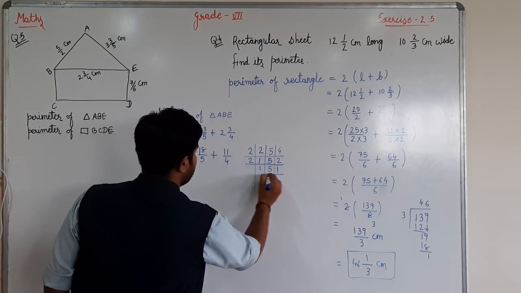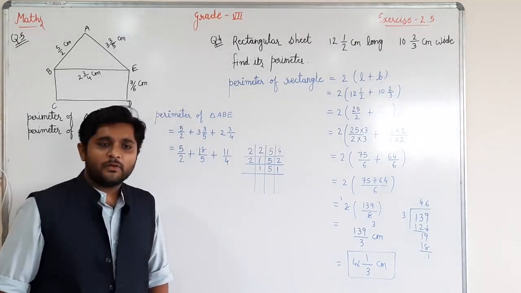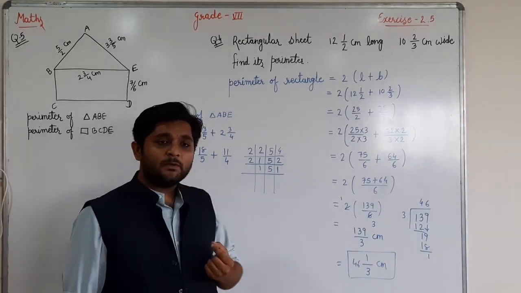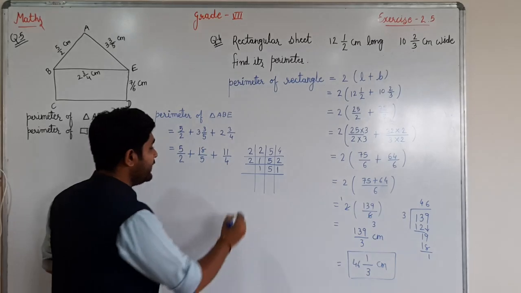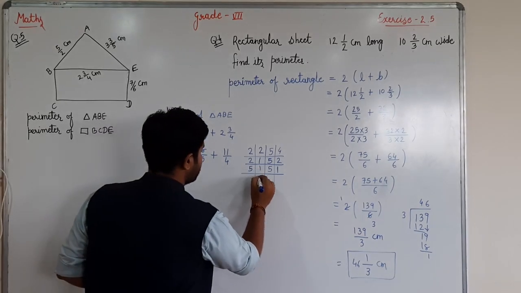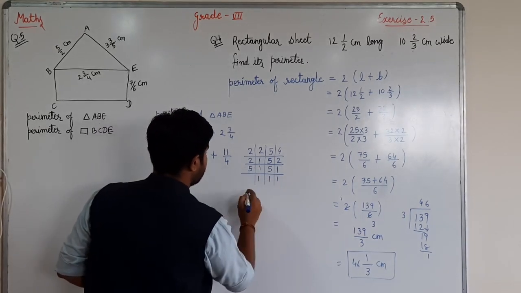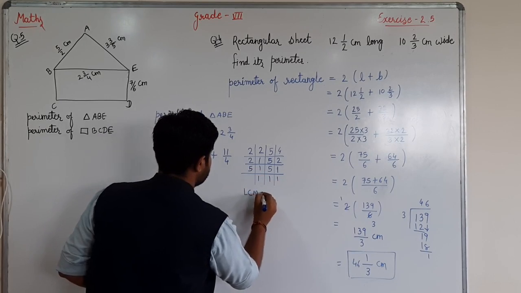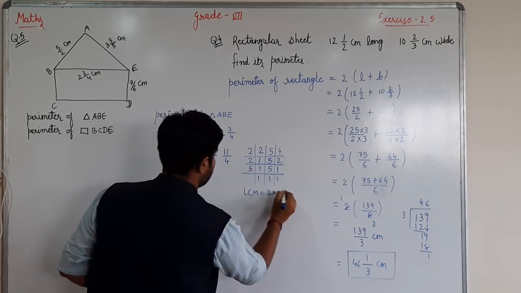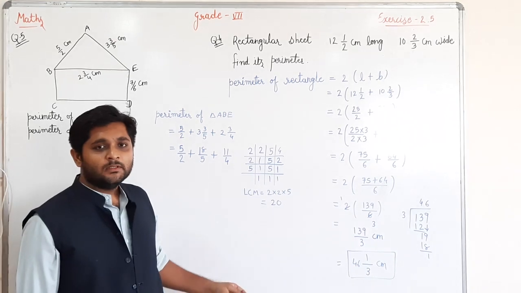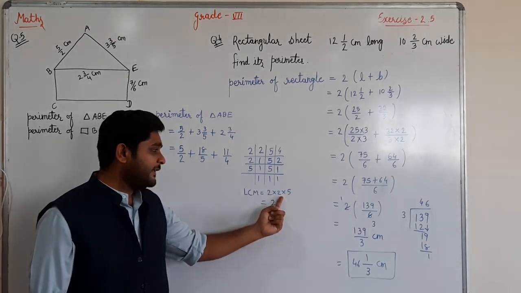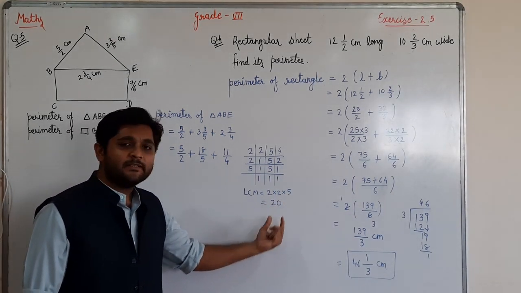Now 1, 5 and 1. 5 is divisible by 5 only, so divide by 5 and we get 1, 1, 1. So our LCM: 5 2s are 10 and 10 2s are 20. So our LCM is 20.